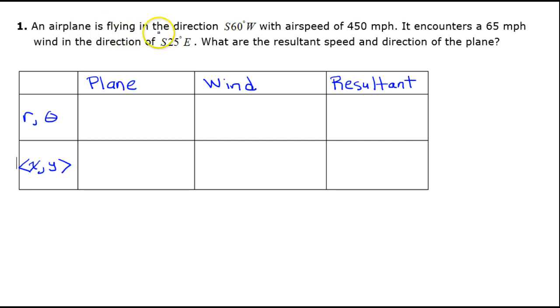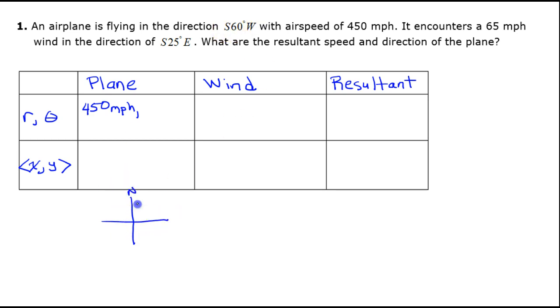So a plane is flying in the direction of south 60 degrees west with an airspeed of 450 miles per hour. The 450 miles per hour is the magnitude. Okay, now how about the direction? So let's do a little diagram for the direction.